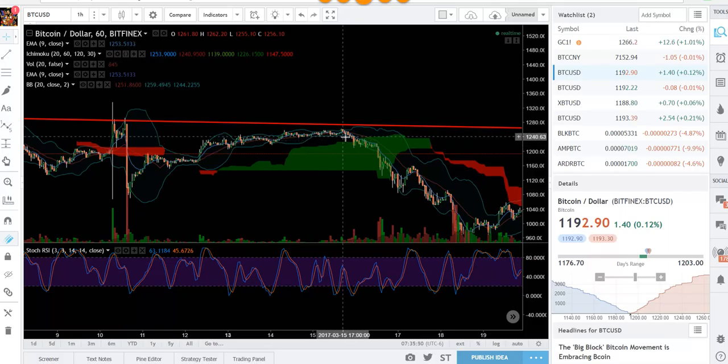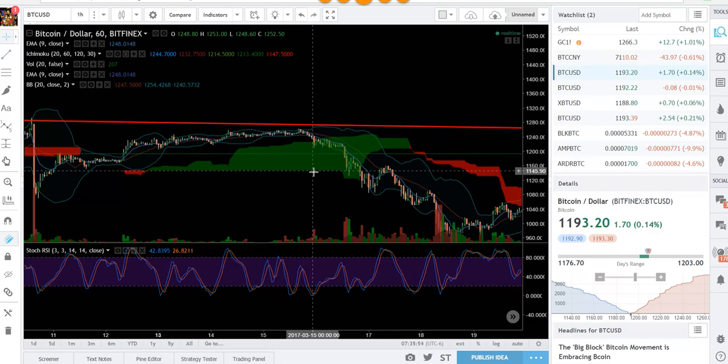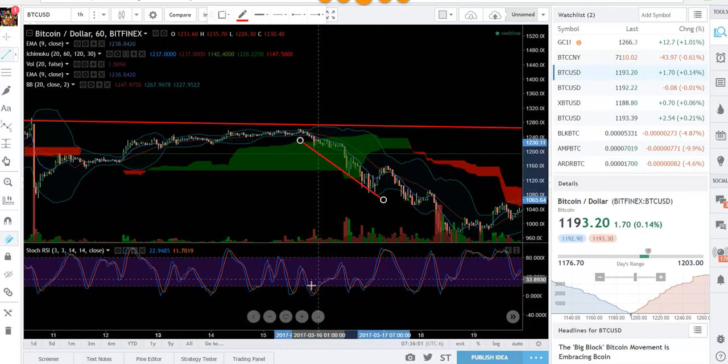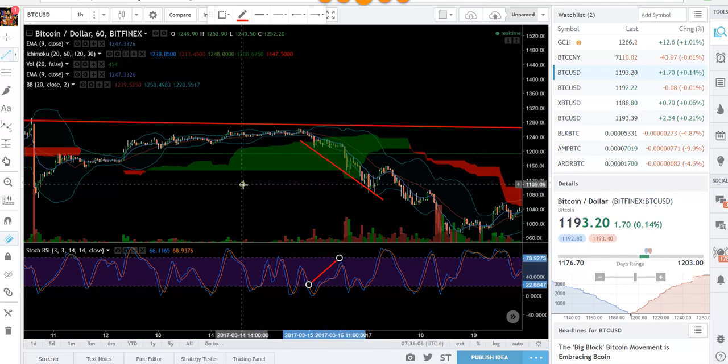Okay. Now here's a perfect example of divergence. Price is going down, but right here, our strength was going up. So this is why you can't play just a stochastic RSI strategy.